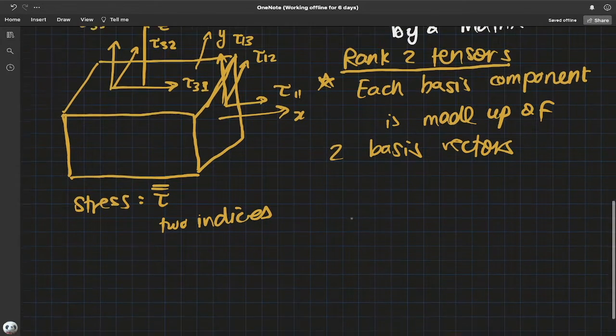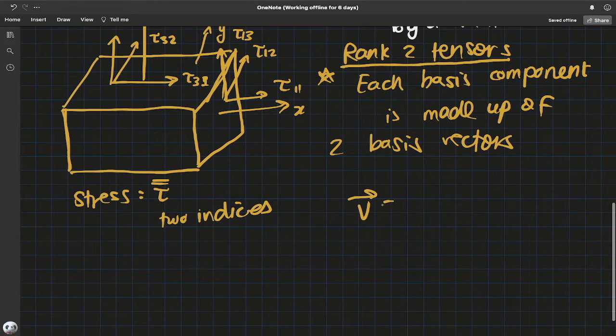If you take the example of a vector, we had just one index, so one index, one basis vector. Each component had one index. Here each component has 2 indices.